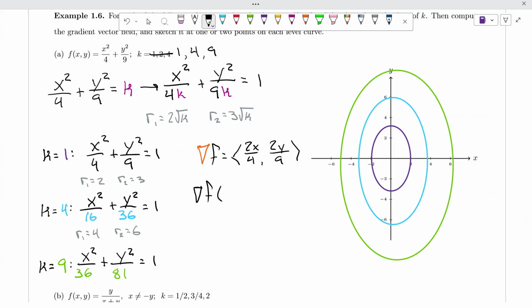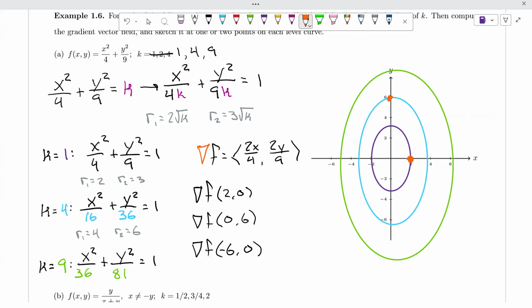Let's look at the gradient field at, how about 2, 0, 0, 6, and negative 6, 0. So those points would be here along the purple level curve, up here along the, what is that, the green level curve.